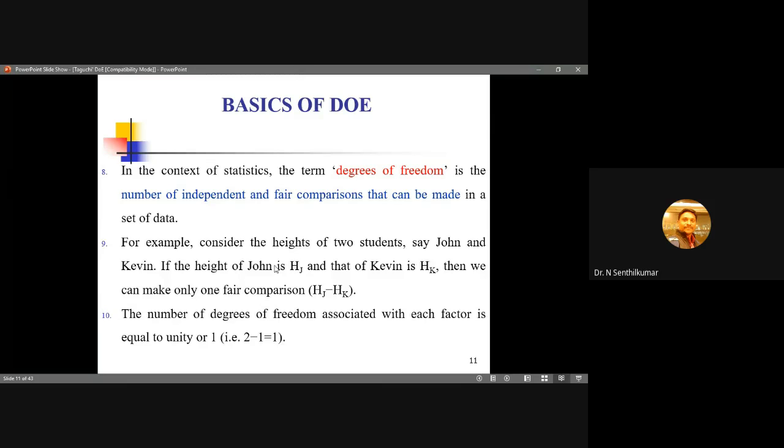So the number of degrees of freedom is 2. So total level values minus 1, which is equal to 2. So the degrees of freedom for a main effect is equal to number of levels minus 1. So cutting speed 3 levels means 3 minus 1, which is equal to 2 degrees of freedom. That is the fair comparison that can be made.